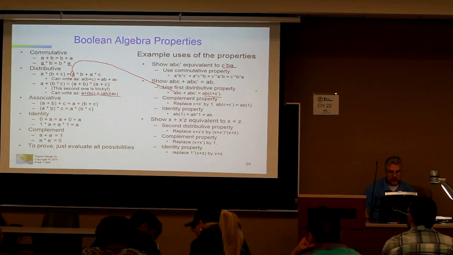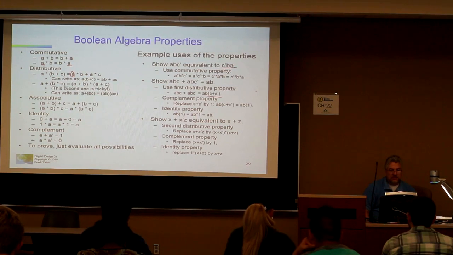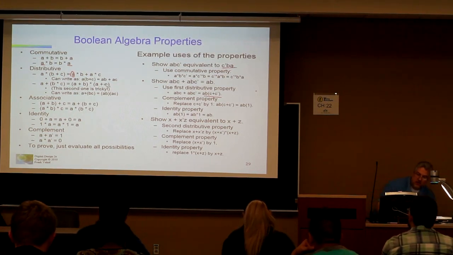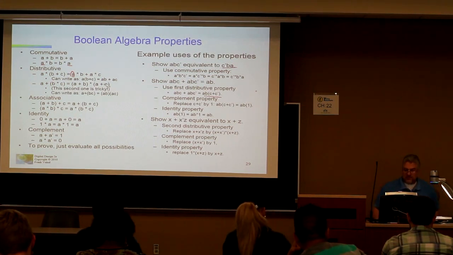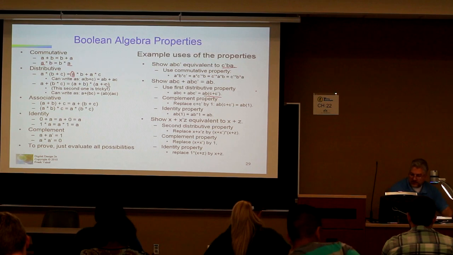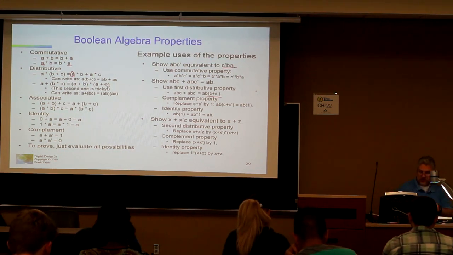So let's look at the tricky one. A or B and C is the same as A and B or A or C. So let's write this down. In fact, let me write it down on a sheet of paper and we'll take a look at that in a little bit more detail.